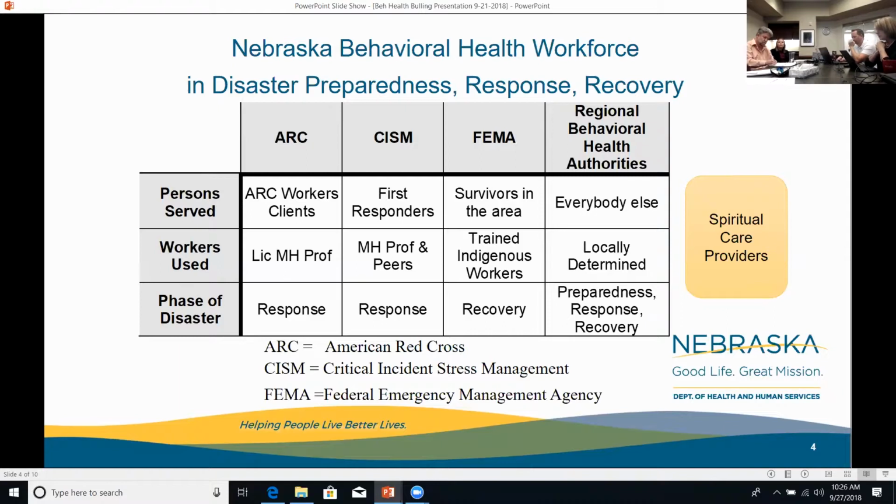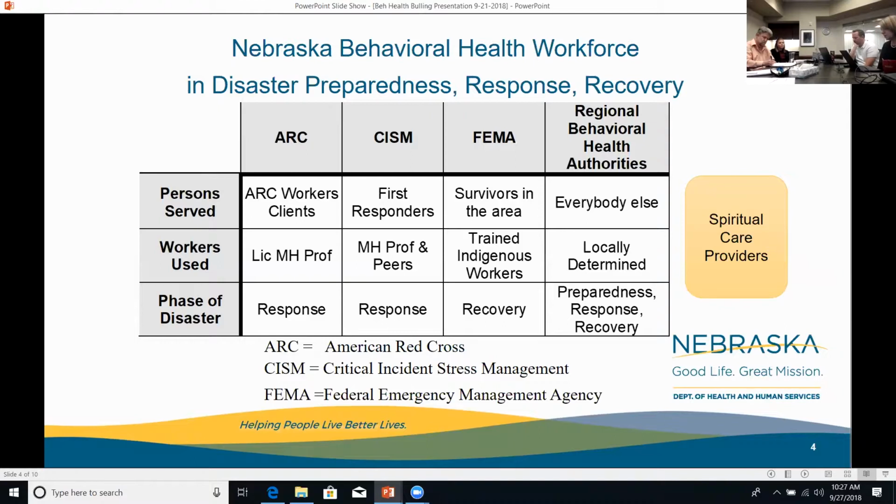In many cases, the first formal organization on the ground after disaster with a behavioral health function is the American Red Cross. And the Red Cross uses only licensed mental health professionals to staff their mental health function. These volunteers are part of health services, and although they're present in all phases of disaster, Red Cross is most prominent in the early response phases and early recovery period.